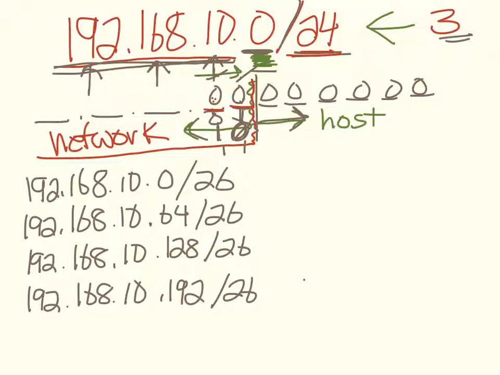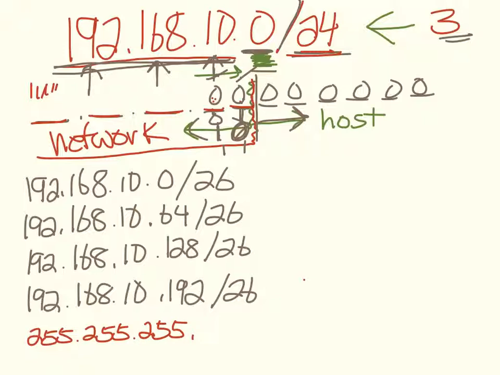Now, to determine the network parts of these addresses, we have to have the mask. The mask is when these are all ones: 8 ones here, 8 here, 8 here, so that's 255.255.255.